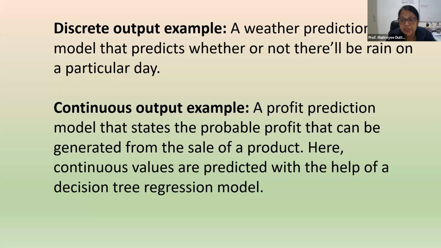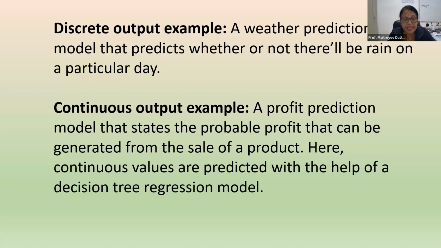Also for the continuous value, when our dependent variable is continuous, it is giving continuous output. What is the continuous output? For example, a profit prediction model that gives us the probable profit that can be generated from the sale of a product, right?